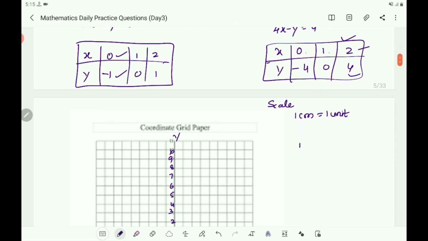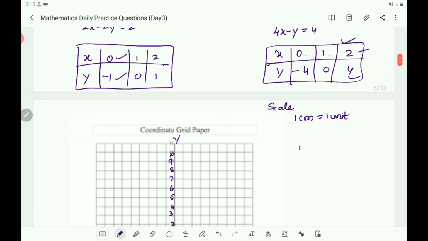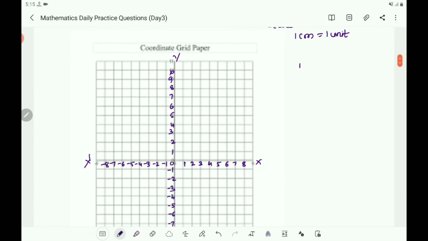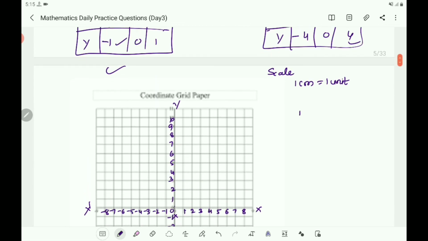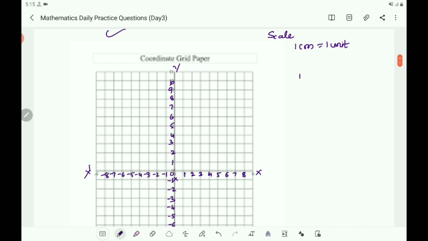Now let us plot the points. First let us take the points of the linear equation 2x minus 2y equals 2. First one is (0, minus 1). Take 0 here, go straight downward to get minus 1. Next (1, 0), where x is 1 and y is 0, that is on the x axis.